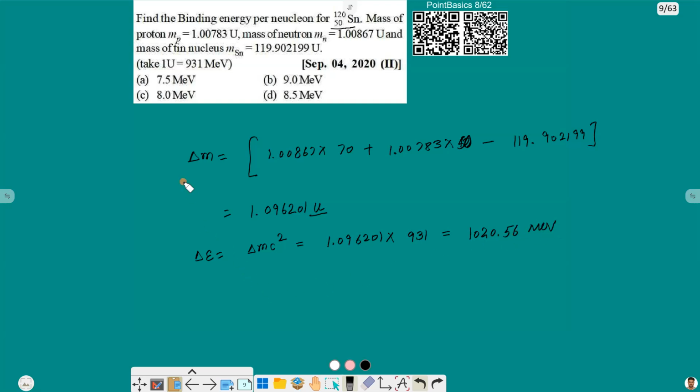Now we have to find the binding energy per nucleon, so we need to divide it by the number of nucleons, that is 120 here. So binding energy per nucleon will be equal to 1020.56 divided by 120, and this leads to 8.50 MeV per nucleon. This is the binding energy per nucleon in this case.